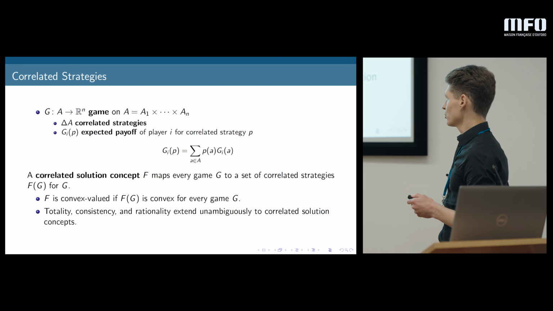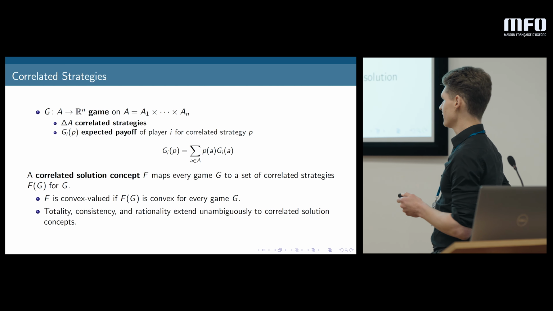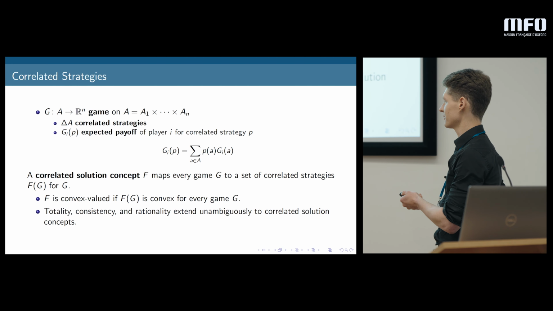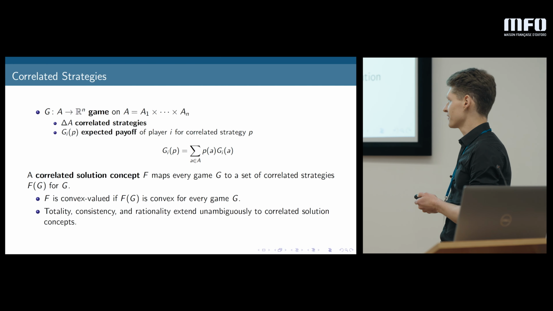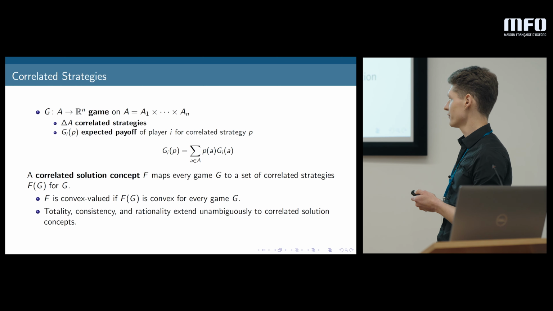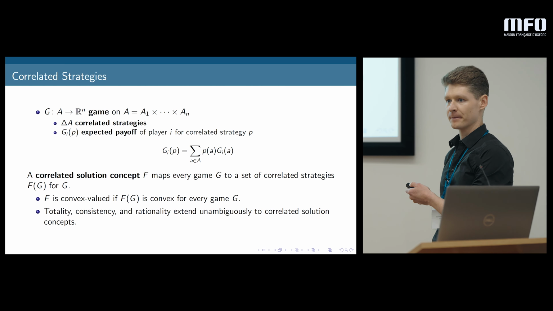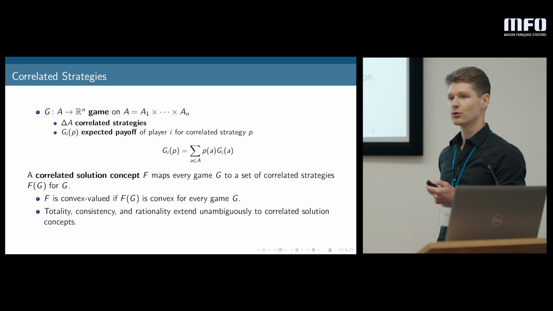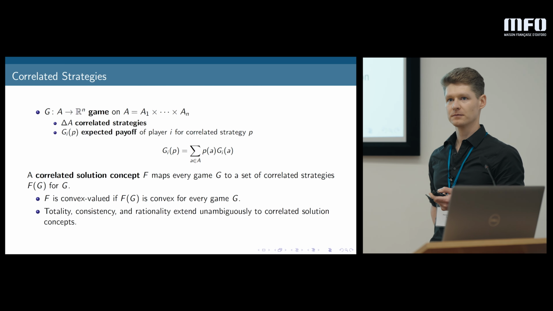And a correlated solution concept is one that assigns to every game G a set of correlated strategies. I'll say that such a solution concept is convex valued if the set of returned strategy profiles is convex for every game. Good, and a prime example of a correlated solution concept is correlated equilibrium.